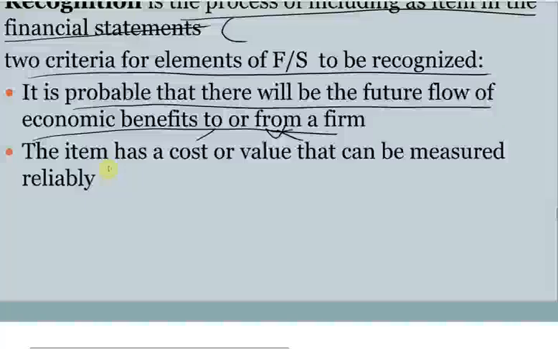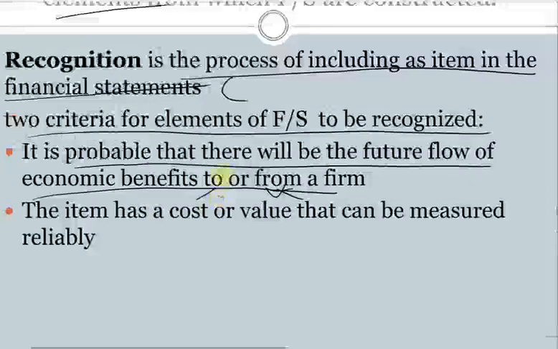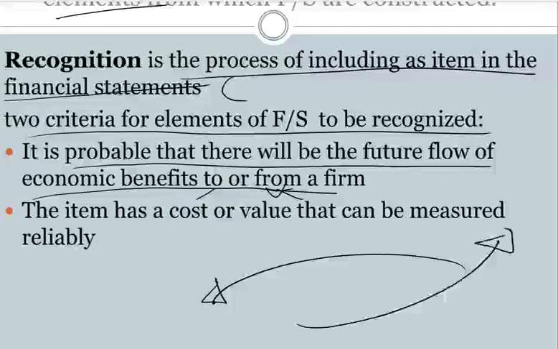So these are the two major criteria of recognition. The first is that it is probable that future economic benefit is either going to flow into the entity or flow out of the entity. And the other thing is you can actually give it a cost, or you can measure it reliably. So those are the criteria.